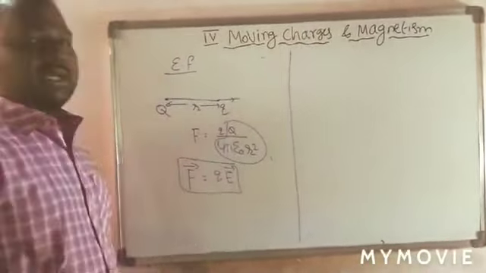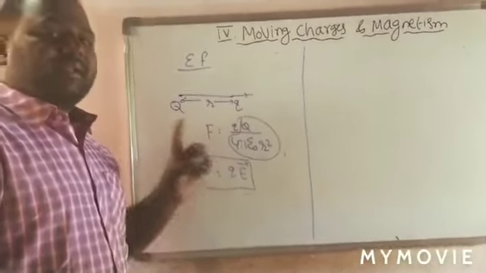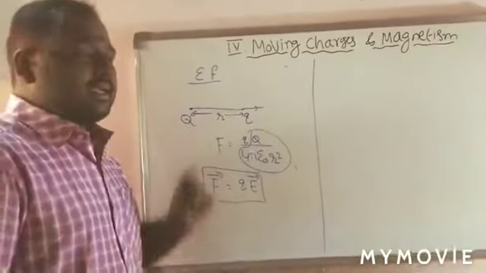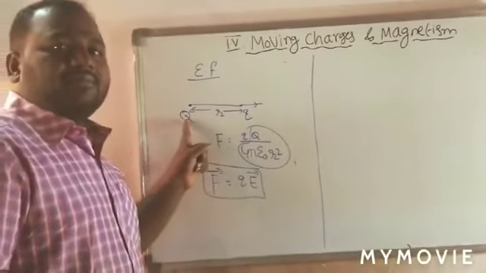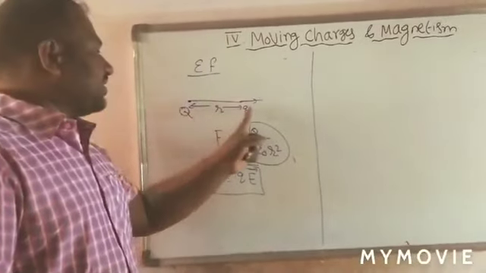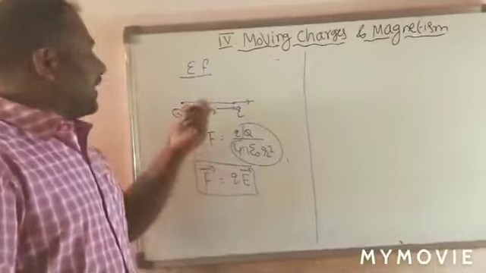Here this is the force. When we consider the electric force, it means a test charge is placed in the electric field of a static charge, and then the test charge will experience a force. That force is called the electric force.